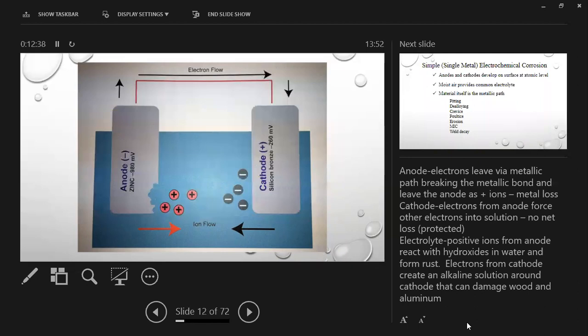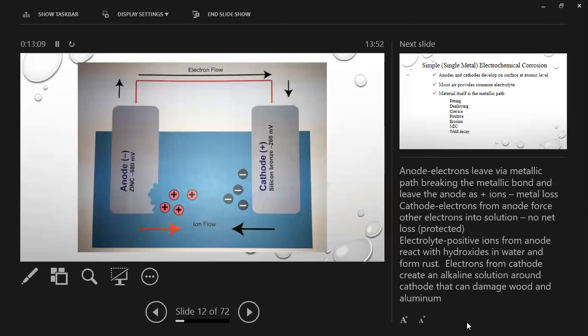So when the electrons on the surface of the zinc anode leave the anode, those electrons are coming from that slurry of electrons in this metallic lattice of atoms. So those electrons leave the anode, leaving behind positive ions. And that's the little red pluses that you see jumping off of the anode.